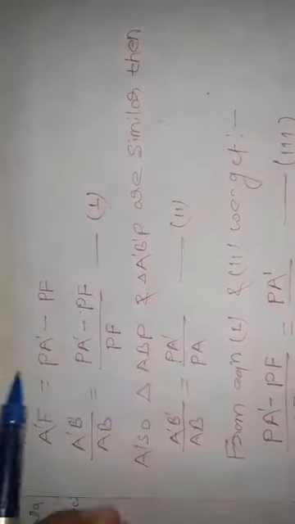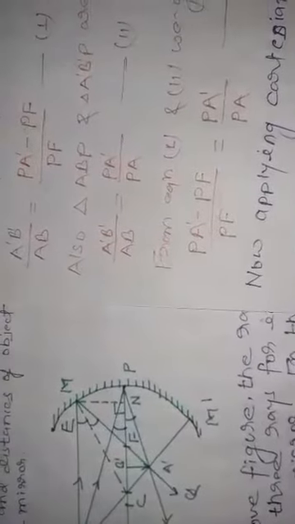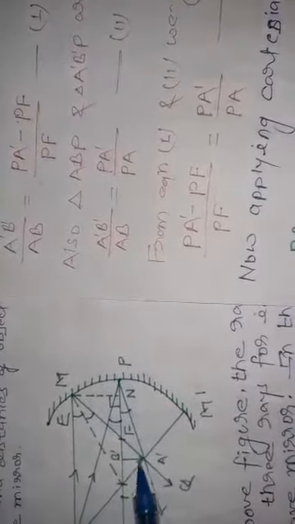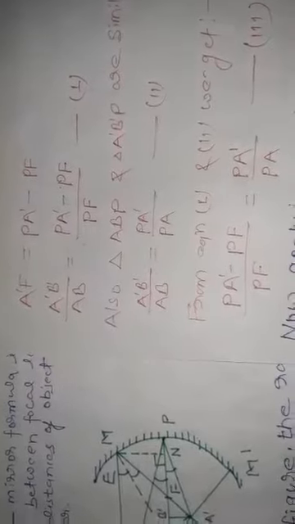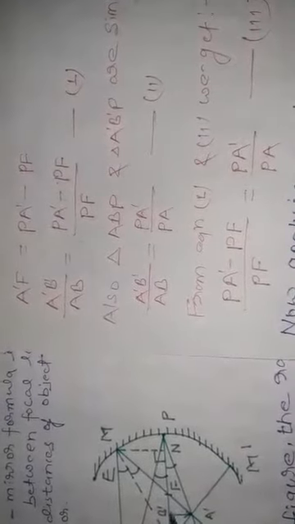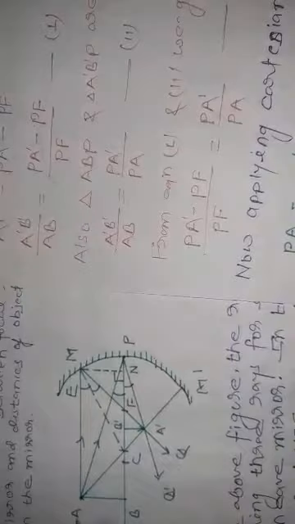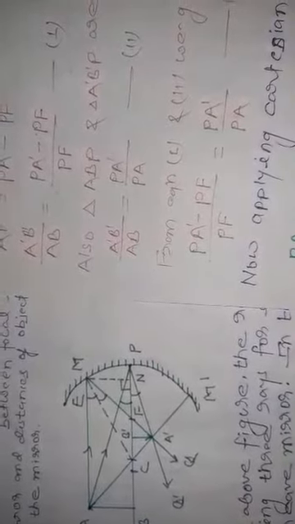Also, in triangle ABP, see the figure, and next one is A dash B dash P, these two triangles we have. Both are similar triangles. So A dash B dash upon AB equals what?